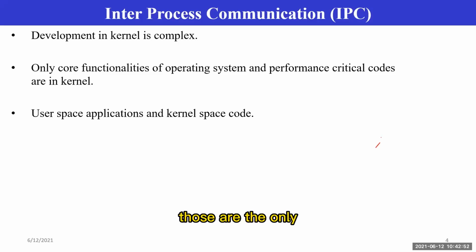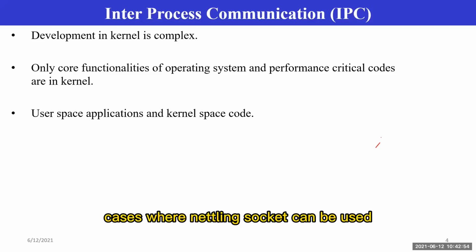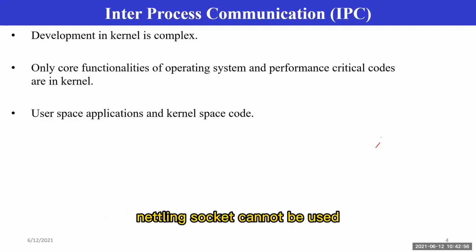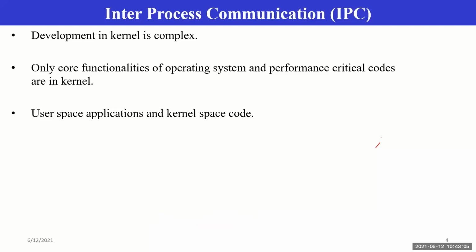Those are the only cases where a Netlink socket can be used. A Netlink socket cannot be used to send a message across machines. For that, other BSD sockets are already there, TCP socket or UDP socket and all that.